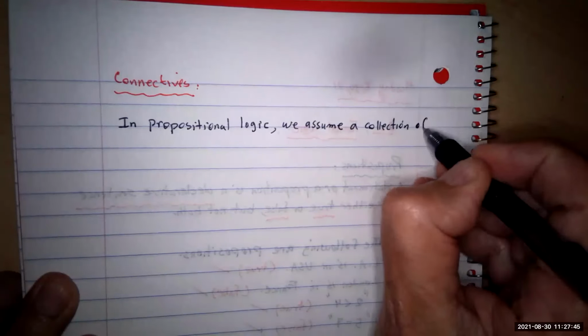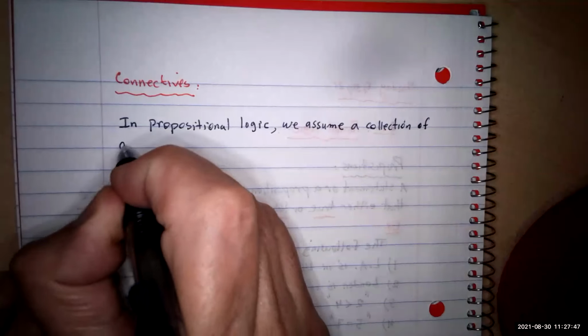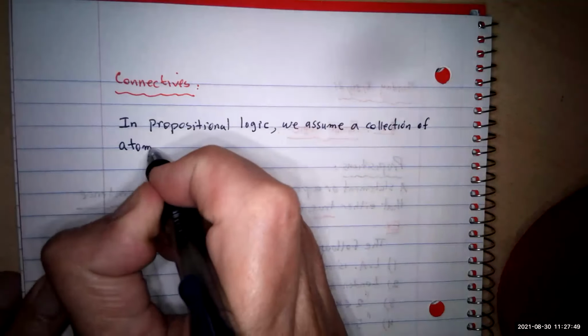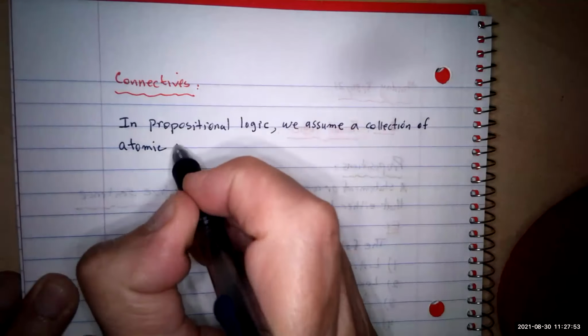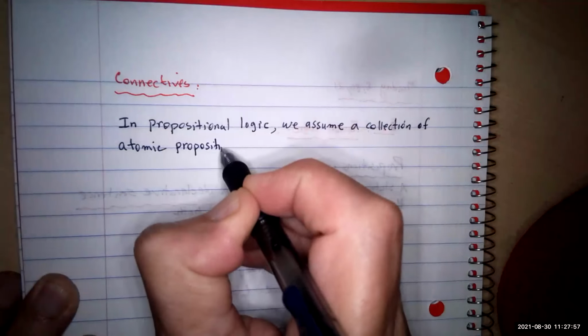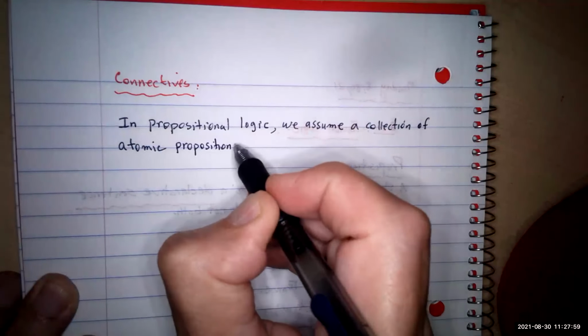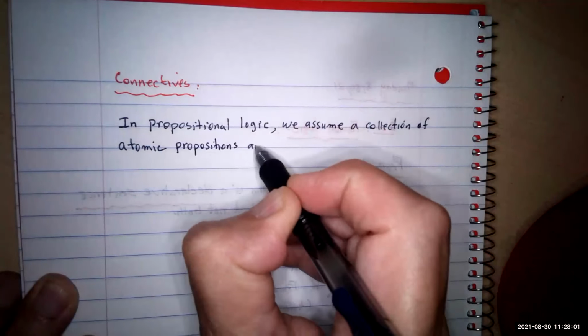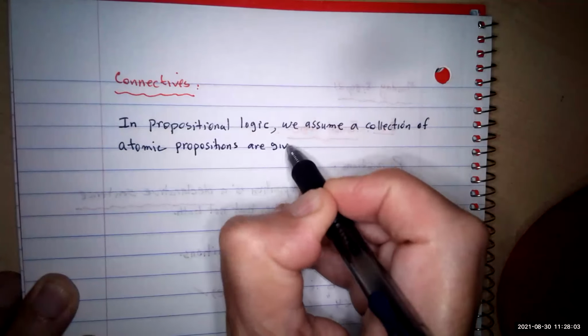We assume a collection of atomic propositions. A collection of atomic propositions is given. We call them atomic.